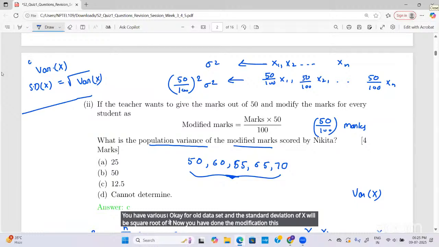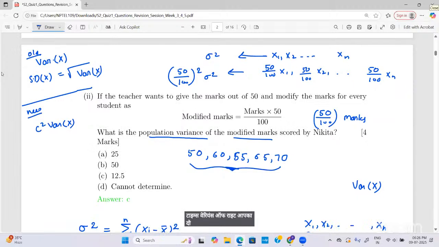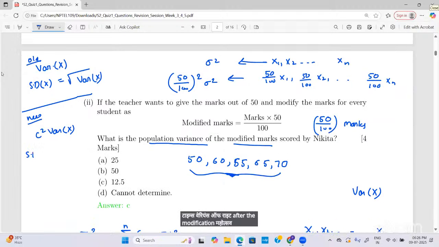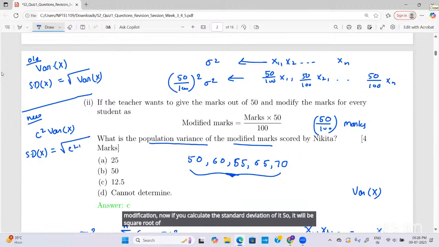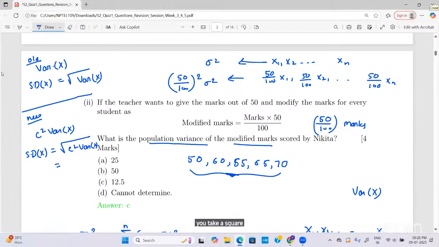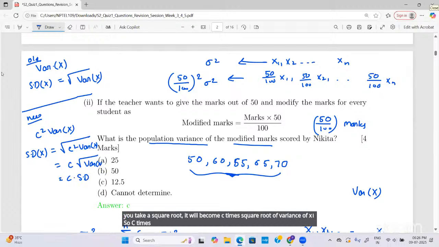For the new data, the variance will be c square times the variance of x. Now if you calculate the standard deviation, it will be the square root of c square times the variance of x. When you take the square root, it becomes c times the square root of the variance of x, so c times the standard deviation of x.